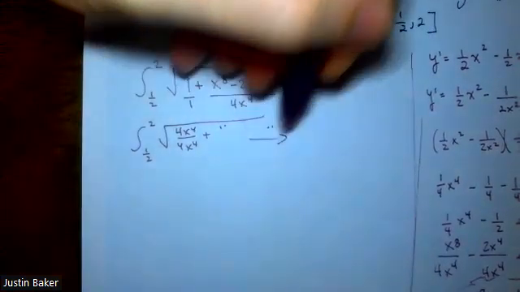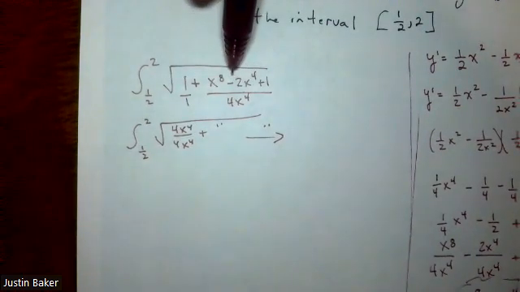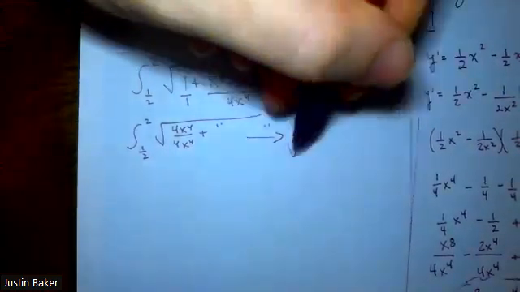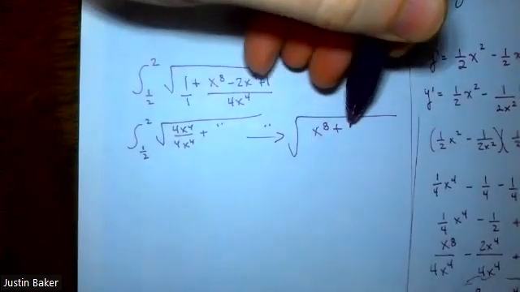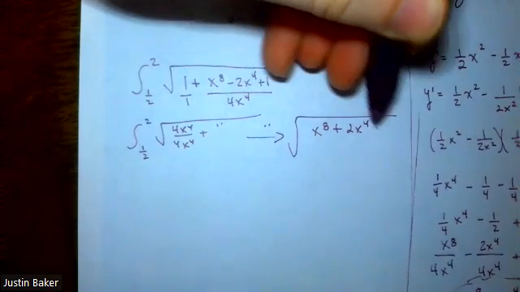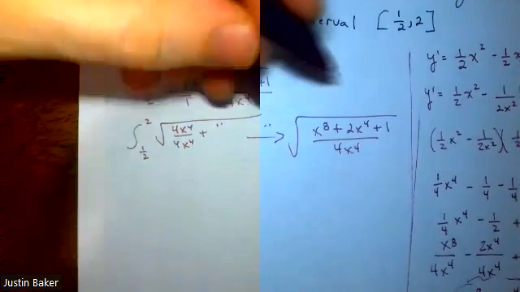We add the 4x to the 4 onto the negative 2x to the 4, that should turn this into the square root of x to the 8th plus 2x to the 4th plus 1 over 4x to the 4.